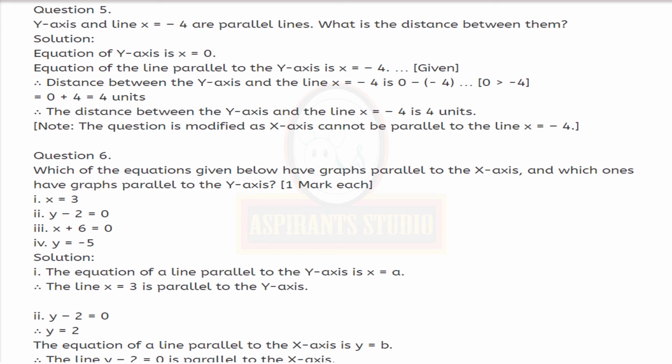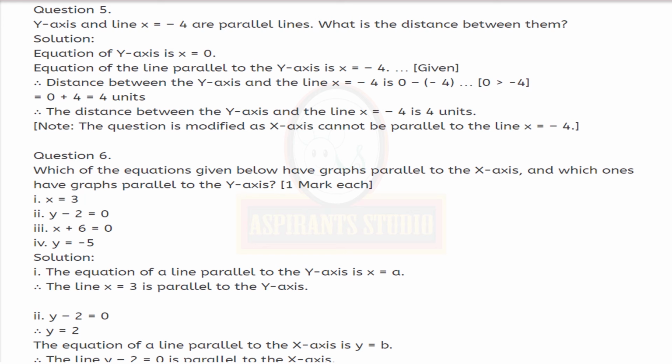Now 0 minus of minus 4. Because 0 is greater than minus 4 on the number line, as you all know, the greater one minus the smaller one. Now minus of minus 4 is plus 4. So 0 plus 4, which is otherwise 4 units. Therefore the distance between the y-axis and the line x is equal to minus 4 is 4 units.